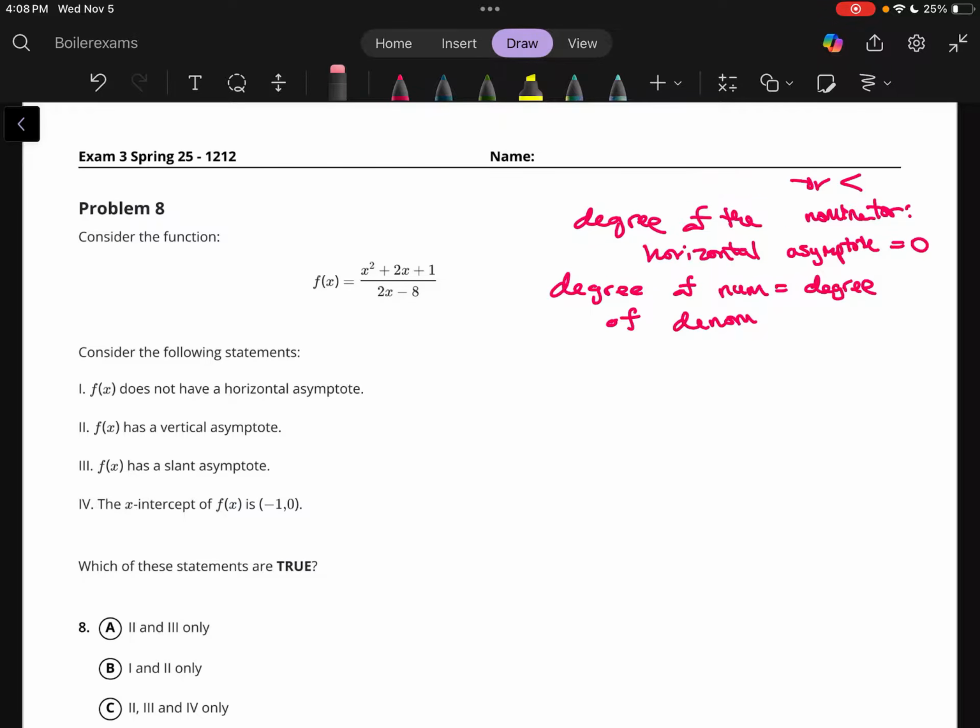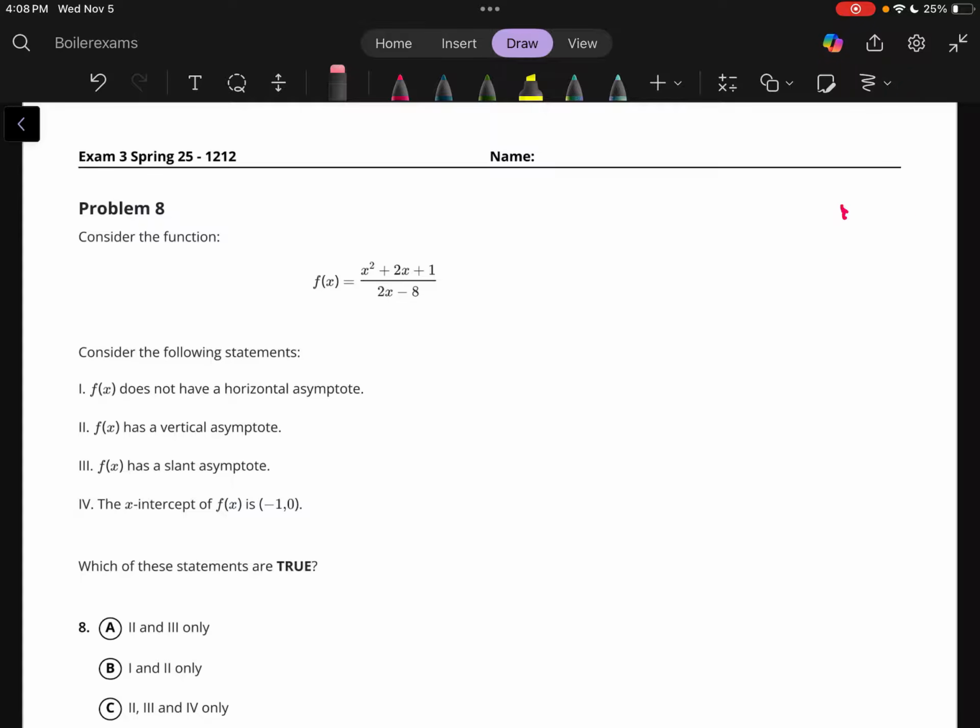I'm going to write this out a little bit neater. So for any asymptote case, we usually consider the degree of the numerator and the degree of the denominator. So I'm going to say the degree of the numerator is n, and the degree of the denominator is m.